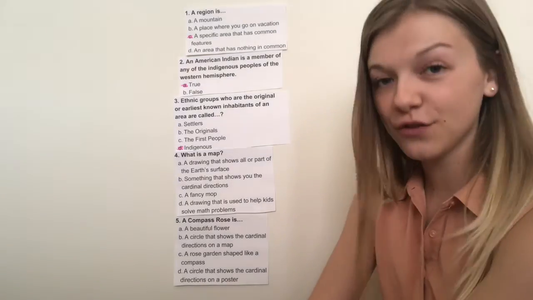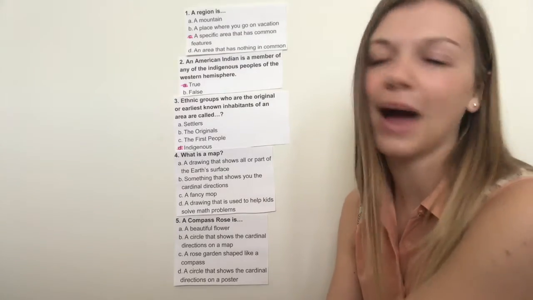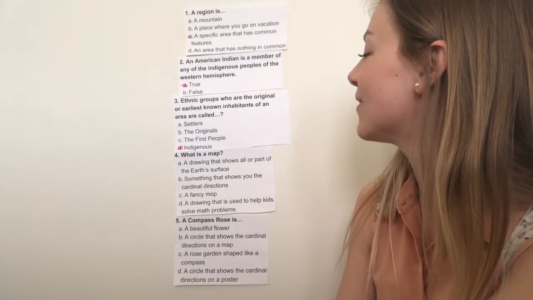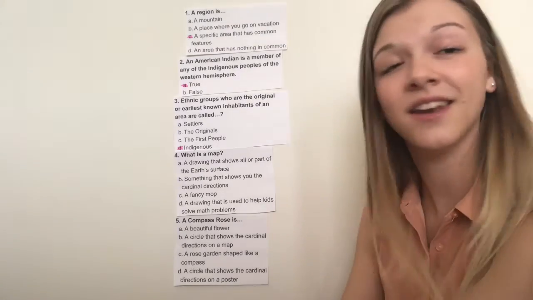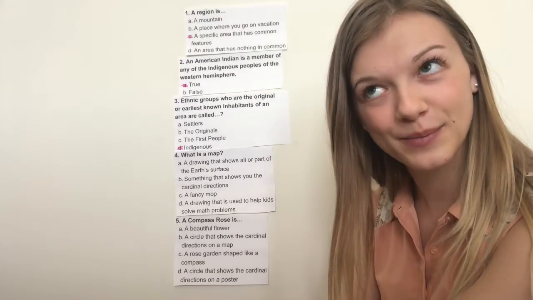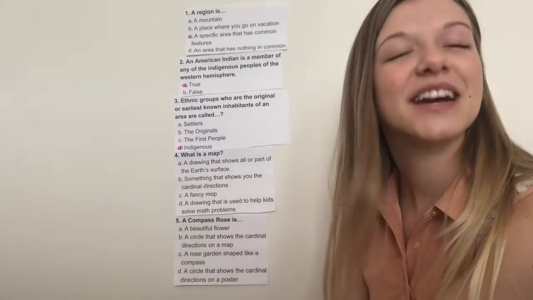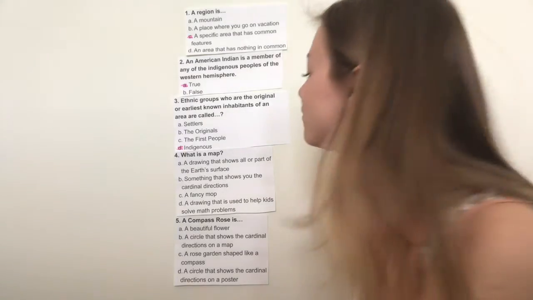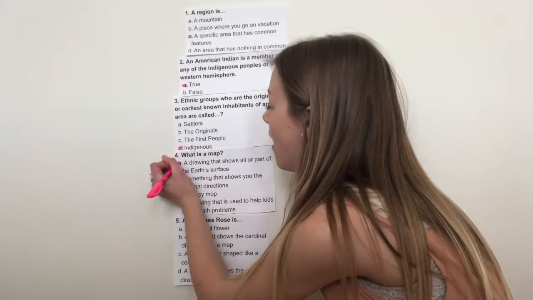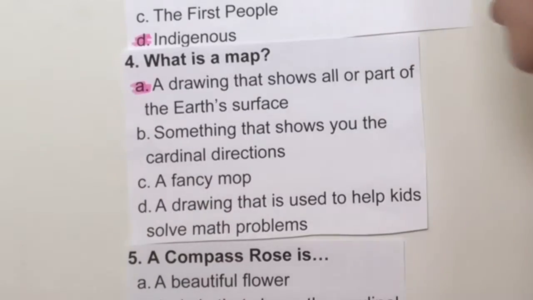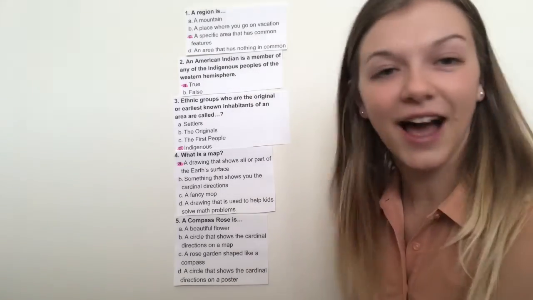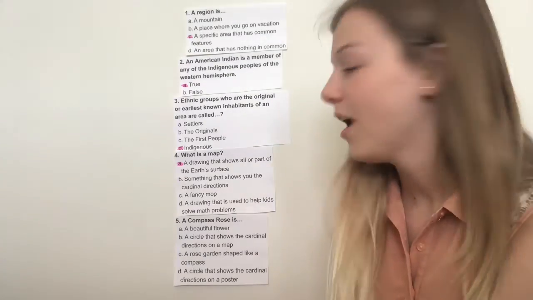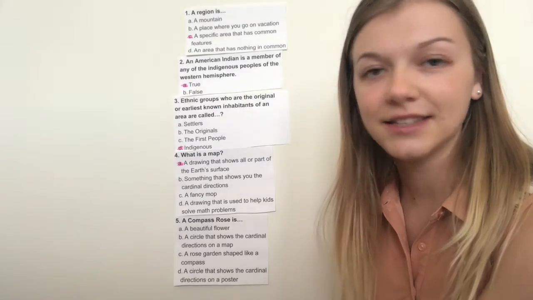All right, question 4. What is a map? The answer to this question is, I hope you did not say that it was C, a fancy map, because the correct answer is actually A, a drawing that shows all or part of the Earth's surface. All right, and our last question, number 5, a compass rose is.